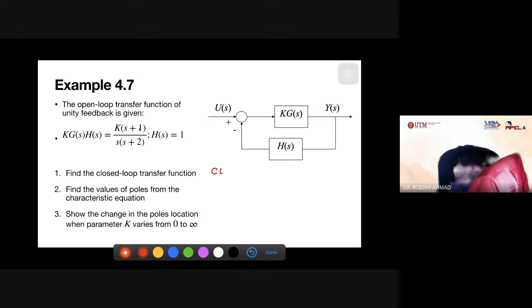Closed loop transfer function, which is Ys over Us. This one is given by K S plus 1 over S plus 2.